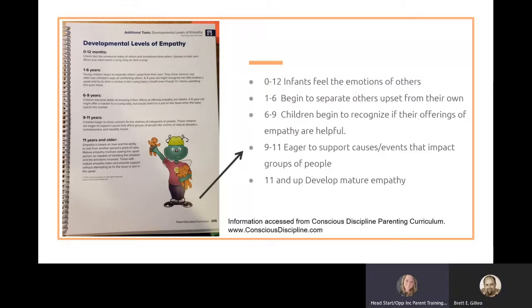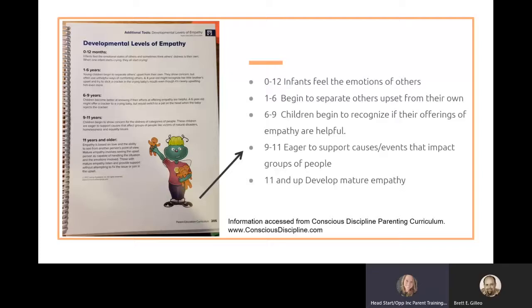Okay, so the next couple slides are the handouts that go with what we're talking about today. This one is going over what empathy looks like at each developmental stage. When they're infants, they're really feeling the emotions of others. I've talked about this before, but when I had my daughter, if I was upset or stressed, then she would exhibit stress or be crying.